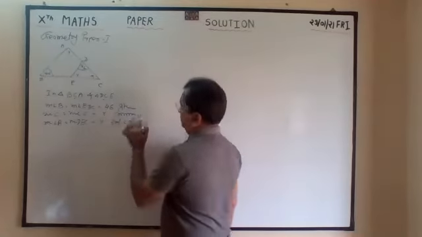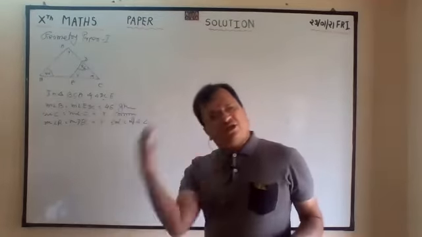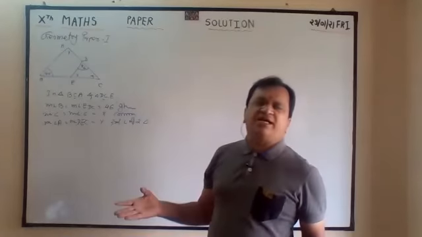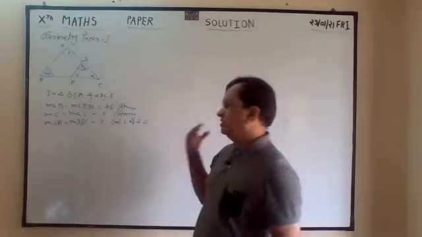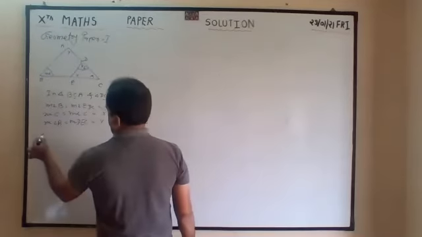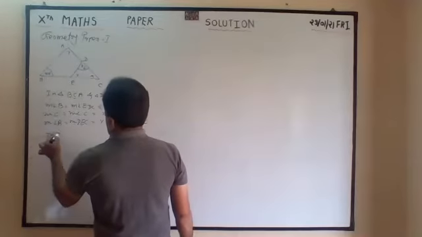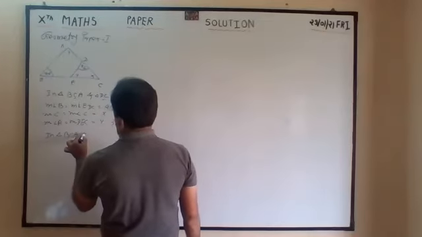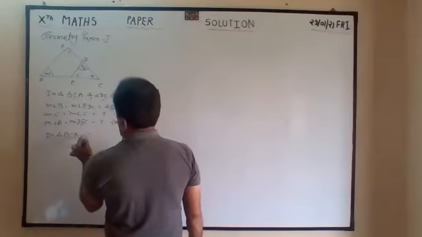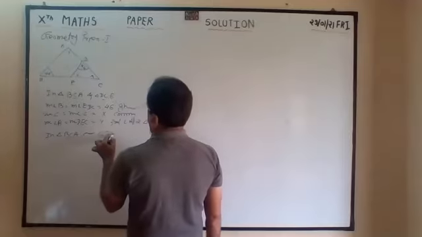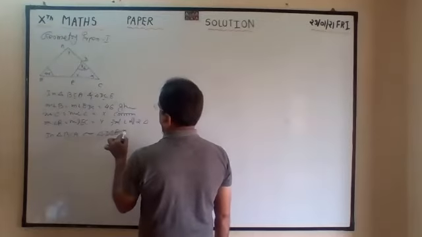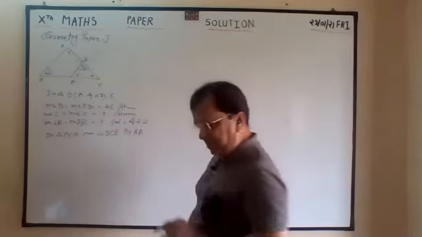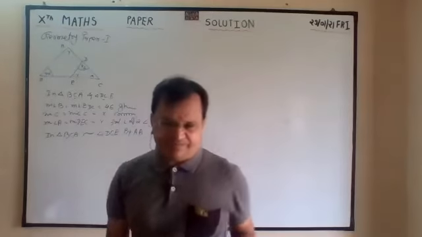If two are congruent, the third is automatically congruent. No need to write the third pair as equal, because if two pairs are equal, you can write by AA test. Both are correct. Similar, not congruent, correct? By AA test.